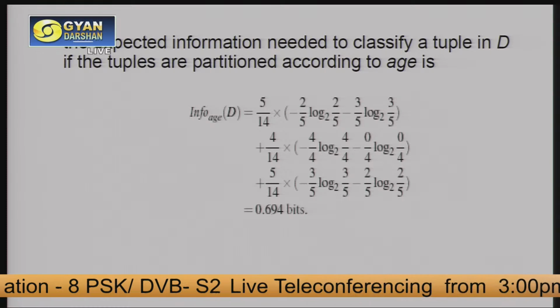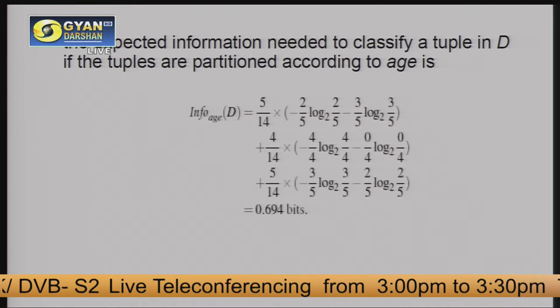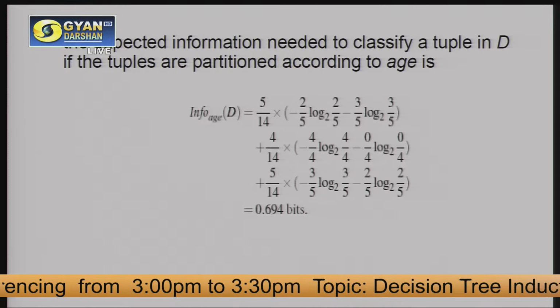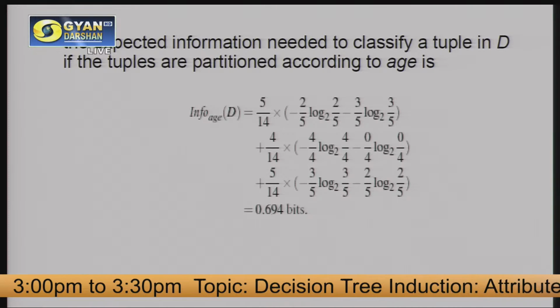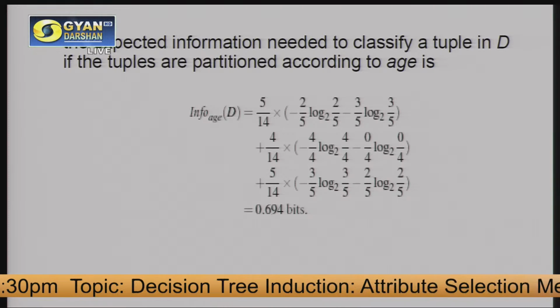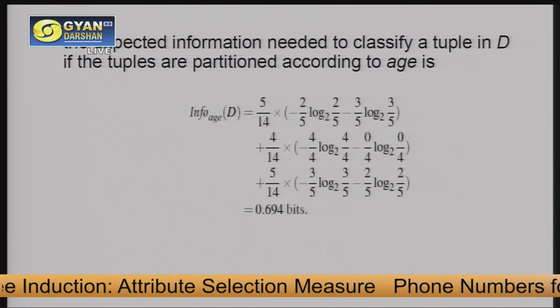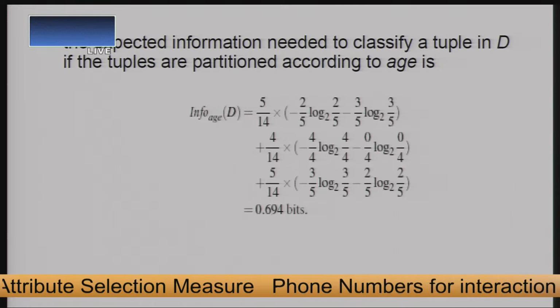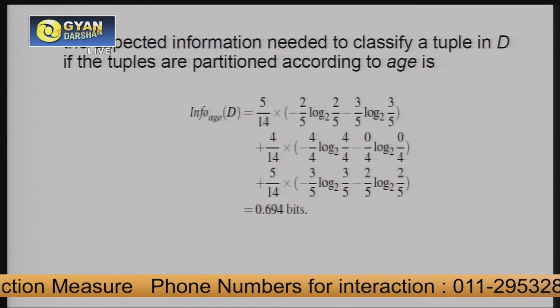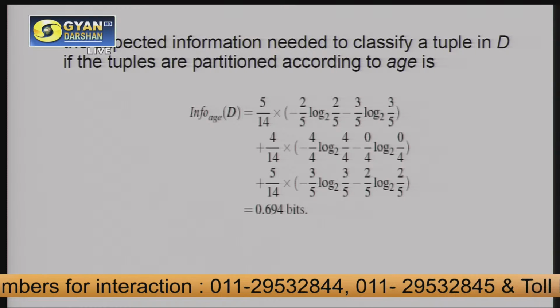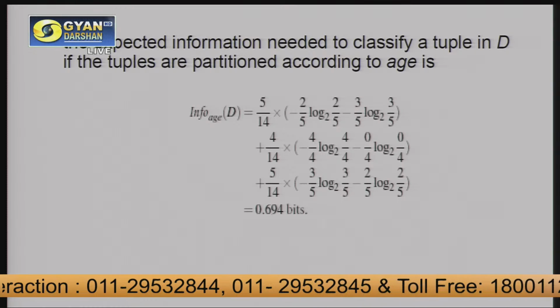So to classify a tuple in partition D, if the tuples are partitioned according to age, first we are going to have 5 by 14. 5 by 14 is for the youth category, 4 by 14 is for the middle age, and 5 by 14 again, the third line, is for the senior category.